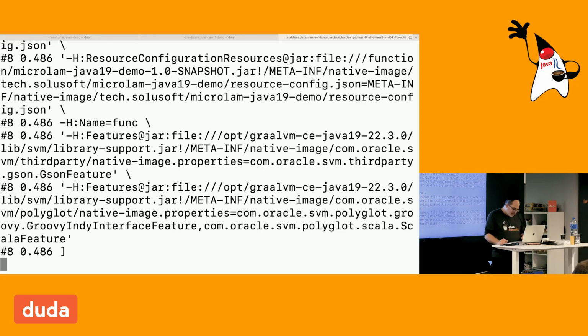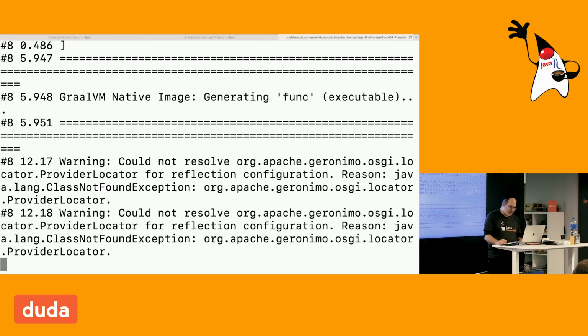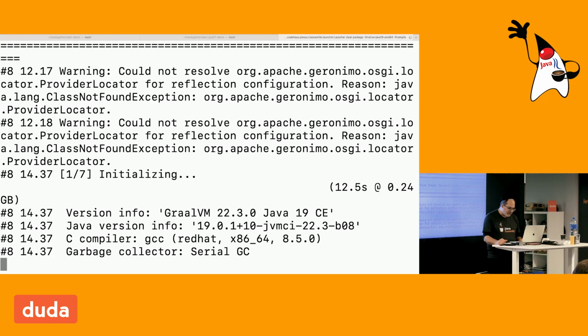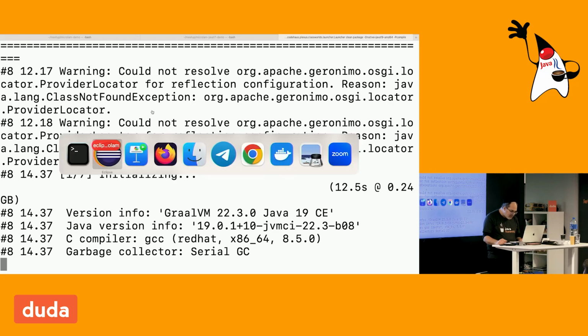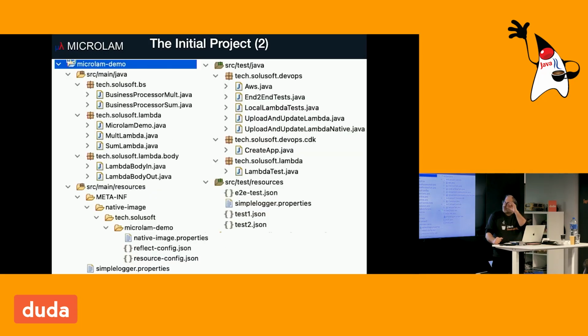So we can give it the time to complete. It's generating the native function and executable. It's using the latest version of GraalVM. You see, this is Java 19. Okay, this is the architecture we chose. Everything is working. So let's give it some time, and we'll see what we have in the initial project.